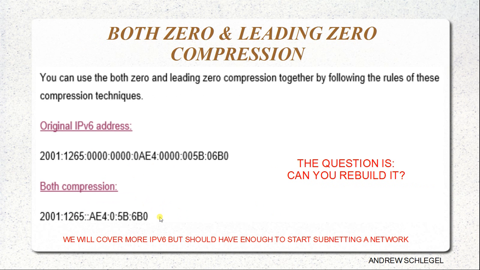So the idea is here, I now have this reduced number that I can type into computers, and not this one in particular, but if you work these out certain ways, you can get them to where it's easy to remember them, whereas as a human there's no way you could really remember them as a full IPv6 address. But the computer can fully follow these rules and rebuild the number that it needs to see.